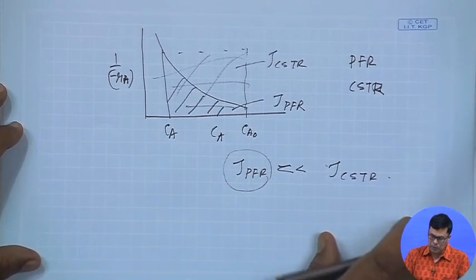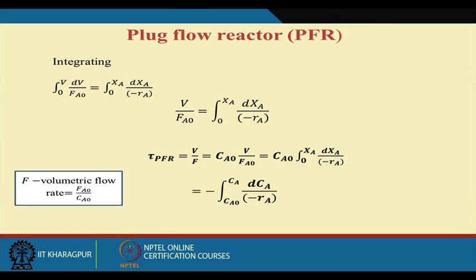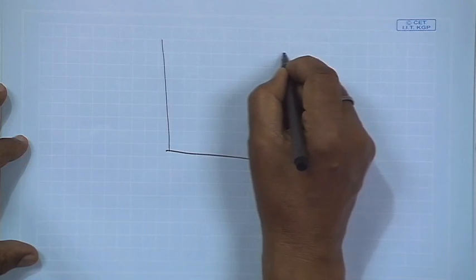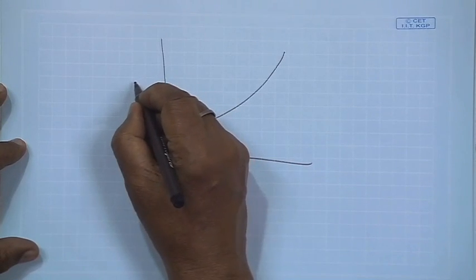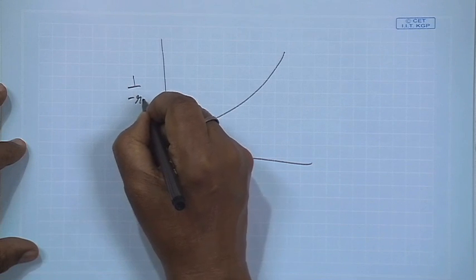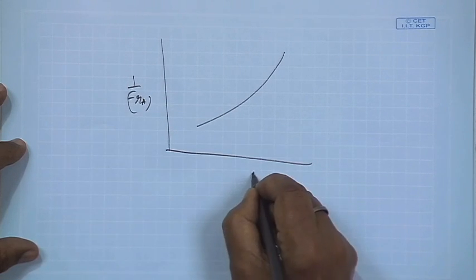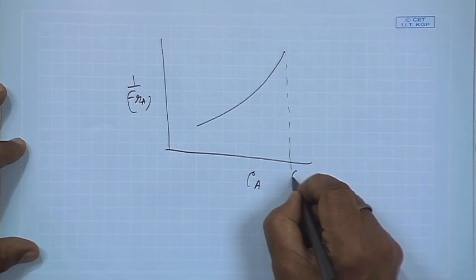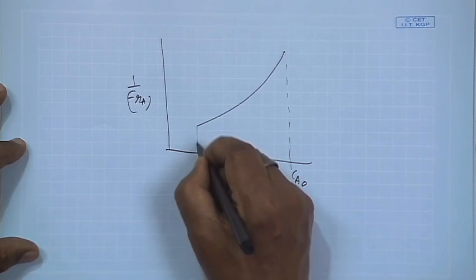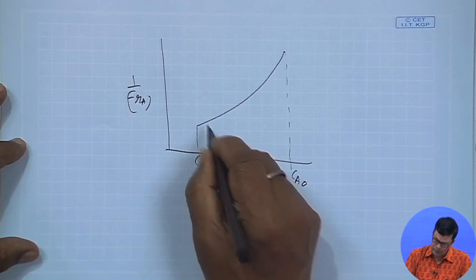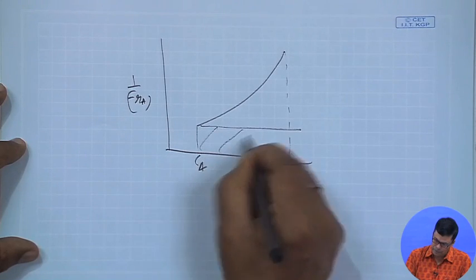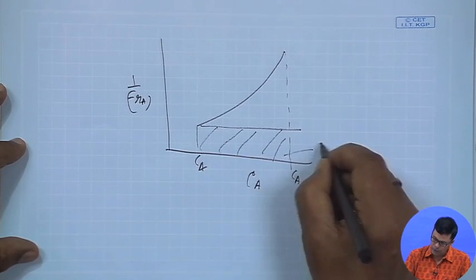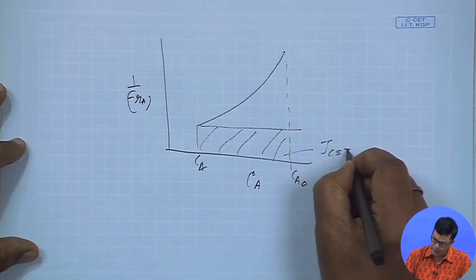Now the situation will be different when we have the correlation the other way. Suppose we have a correlation like this. This is minus RA by CA. Here we have CA0 and this is CA. The area under this curve will give you the value of tau CSTR, am I right?